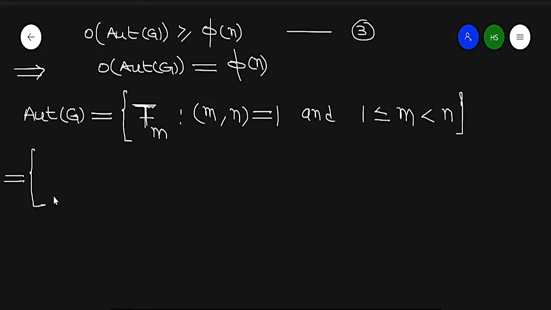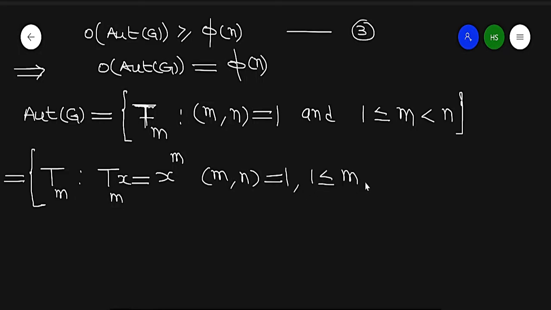It is a set of Tm such that Tm of x is equal to x raised to power m, GCD of m and n equal to 1, 1 less than or equal to m less than n, for every x belongs to G. So this is a set of automorphisms of a finite group of order n. Remember that.